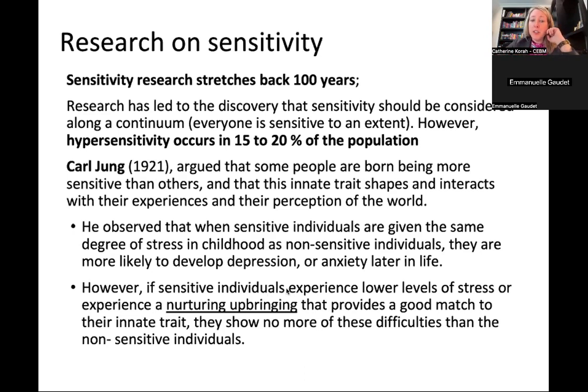If sensitive individuals experience lower levels of stress or experience a nurturing upbringing that provides a good match for their inner traits, then they show no more of these difficulties than the non-sensitive individuals. So basically what we're saying here is that as long as the accommodations are put in place to allow them to be more successful, then there isn't more depression in that clientele as long as those structures are in place.